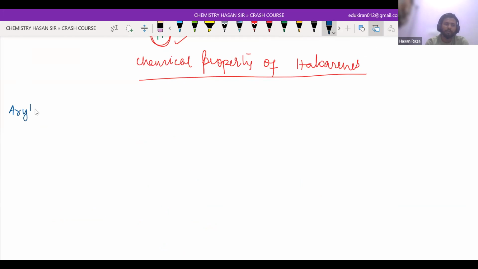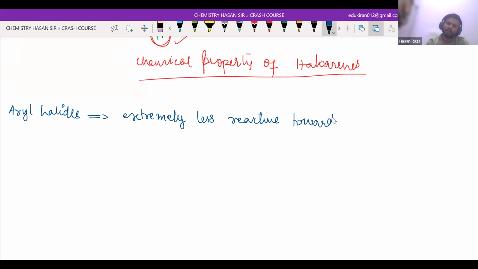But when we talk about aryl halides, these are extremely less reactive towards nucleophilic substitution reaction.